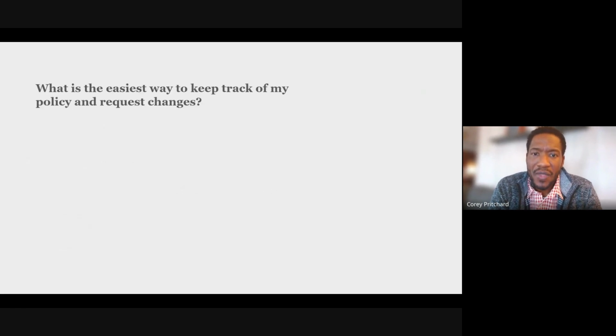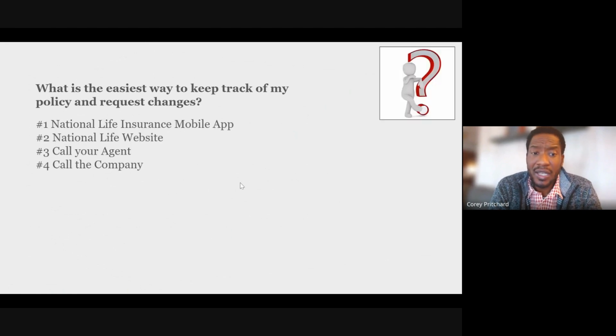So just continuing on, then I'm asking, what's the easiest way for you to keep track of your policy? And this is phenomenal. This is one of the reasons why I love this company. You can write or get business with other life insurance companies. So I have other companies, and other people have other companies that maybe you're curious about. Fine, right? But the reason why I specifically started with National Life is because I like the servicing side of it, the customer service side of it.